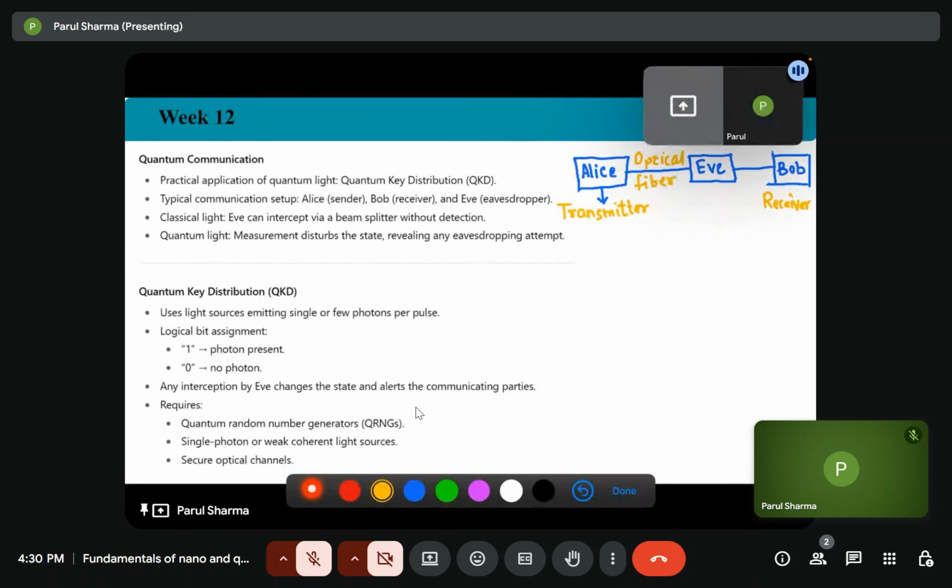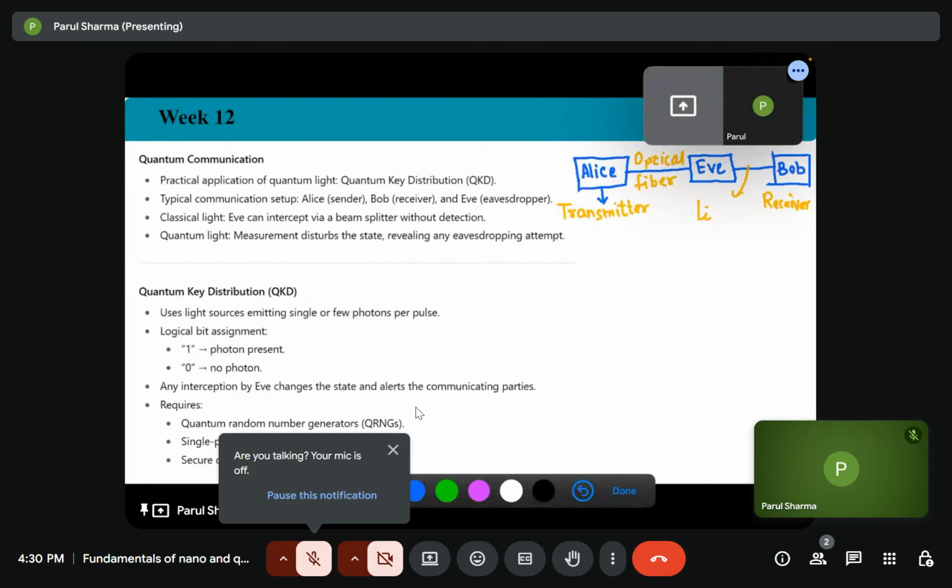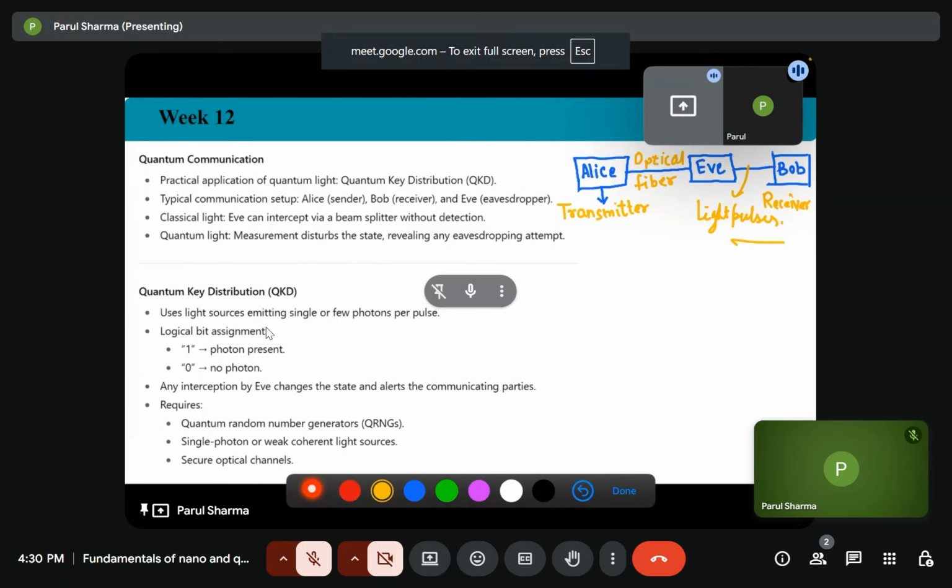And we are sending the light pulses. So Alice is transferring information to Bob.